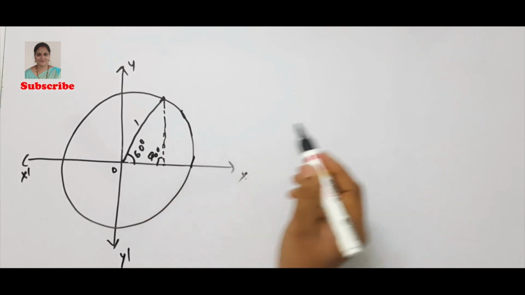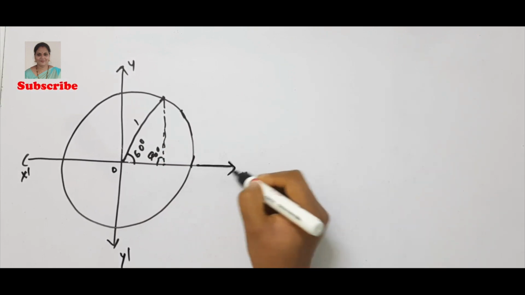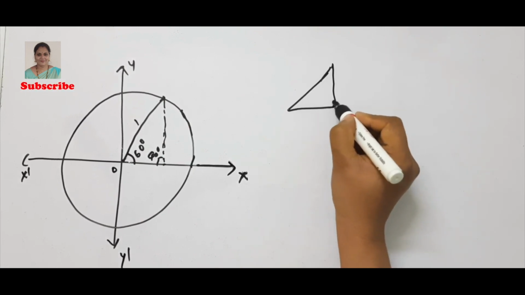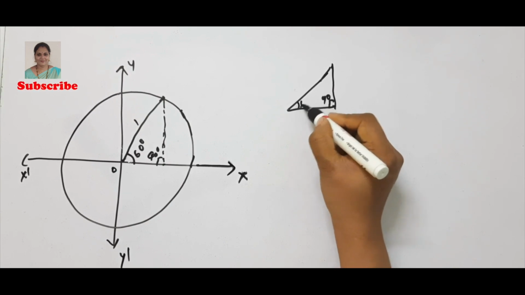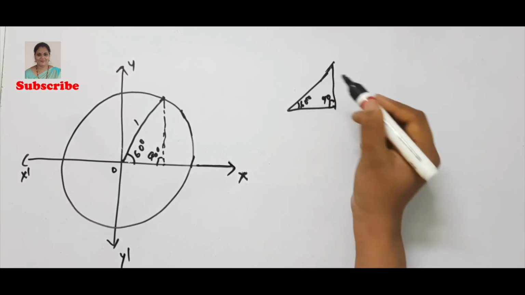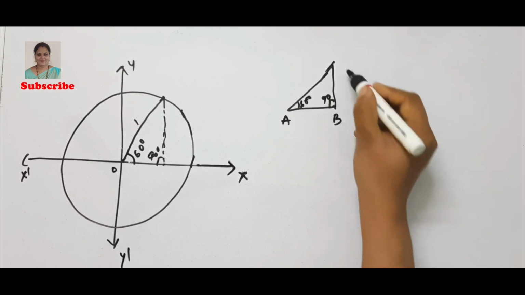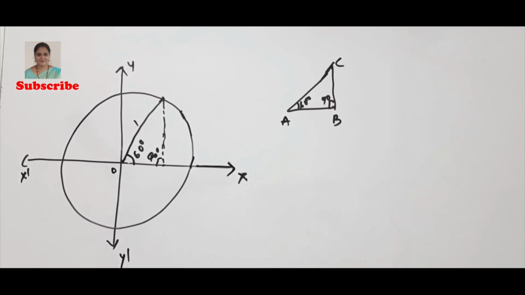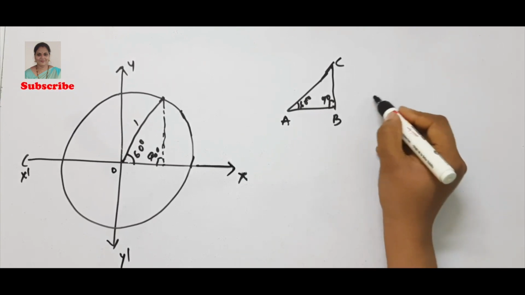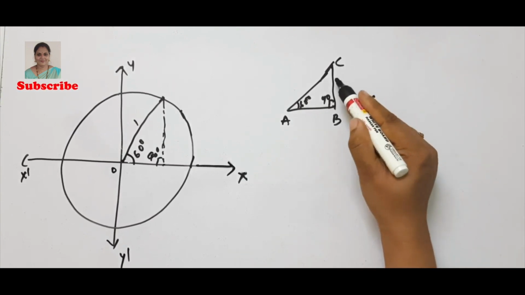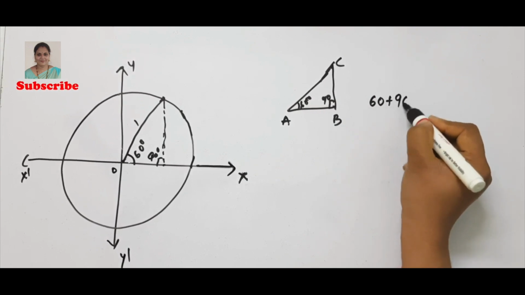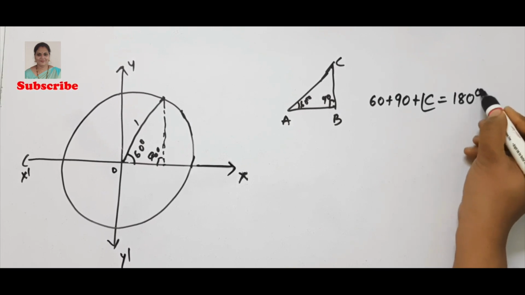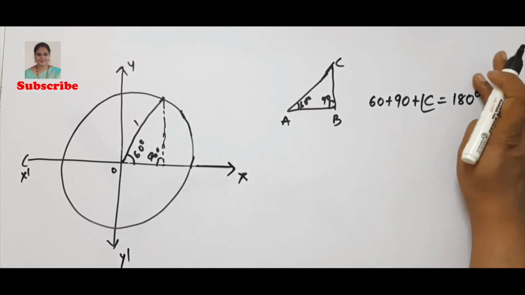If you draw a rough diagram, this is 90 degrees, this is 60 degrees, and this we have to calculate. Let it be A, B, C. The angle at C we have to calculate using properties of triangles as we did before. 60 plus 90 plus C is equal to 180 degrees, because the sum of the angles of a triangle should be 180 degrees.